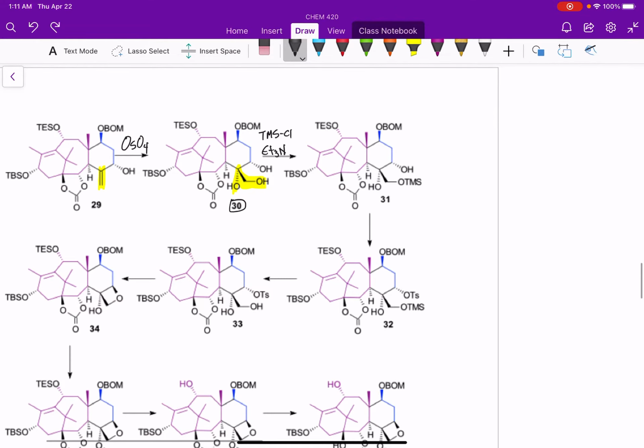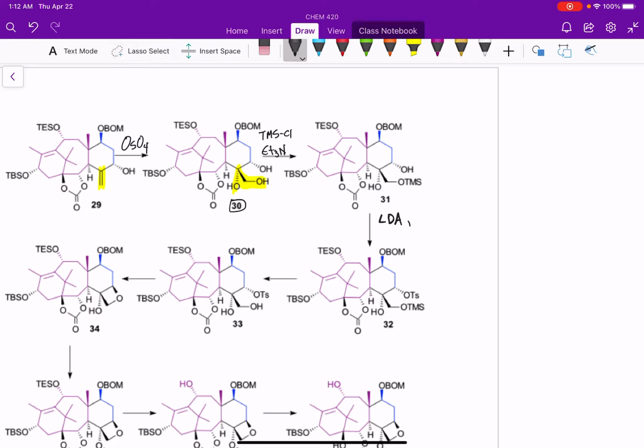From 31 to 32, they're now going to add a group to the secondary alcohol, and we really want to turn that secondary alcohol into a good leaving group. The way this was done is they used a base here, LDA, sort of a strong base to use for an alcohol, but probably because it's hindered, and also probably just preventing that you deprotonate the tertiary alcohol. You can selectively deprotonate the secondary alcohol.